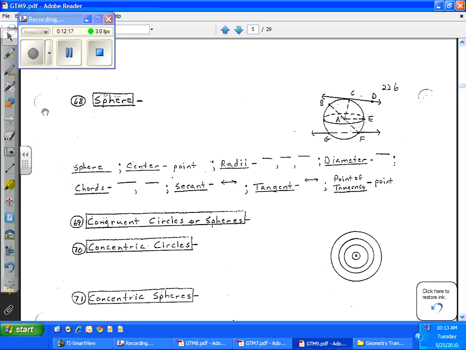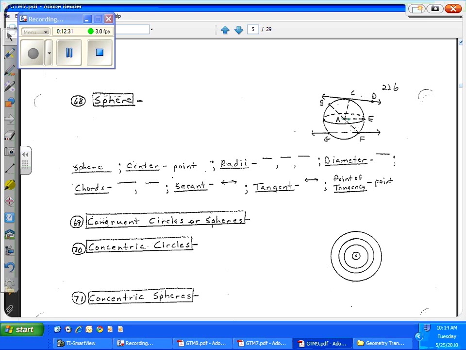Remember the definition of a circle, the set of all points in a plane. That makes it flat. A given distance from a given point in that plane. Well, if we take out the phrase in a plane, that means that we could take a given point and we could go north, south, east, west, northeast, southwest. We could go any direction and it doesn't have to be flat.